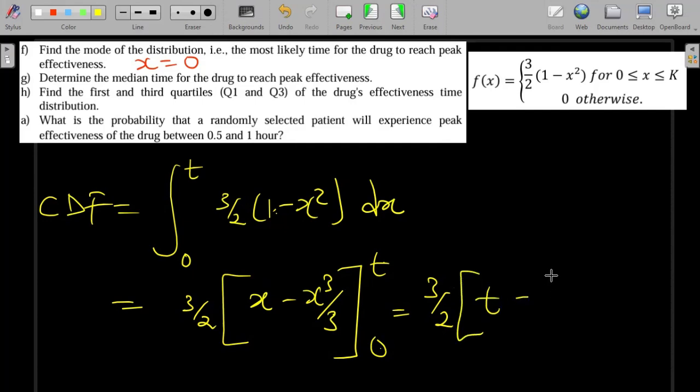So our CDF is equal to 3 over 2 times t minus t to the power 3 divided by 3. So this one here is our CDF.